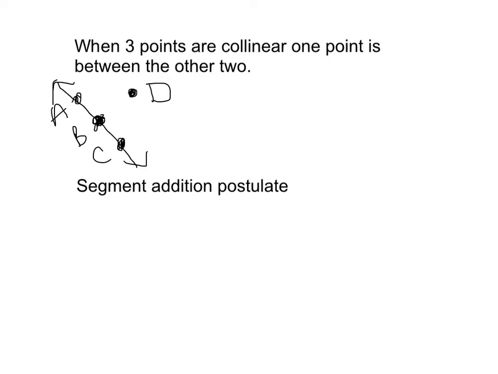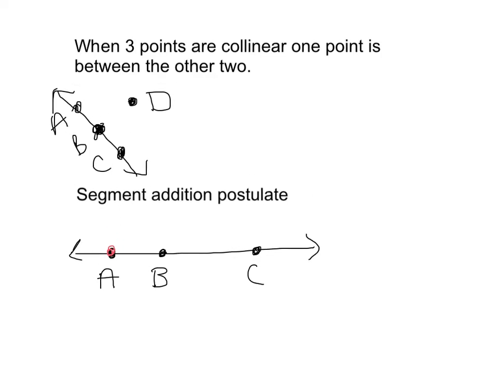Down here at the bottom, we're going to talk about the segment addition postulate. This is my favorite postulate that we have. We're going to have a segment. It's not always on a line. Let's say we got A, B, and C. We are focusing on segment AC.